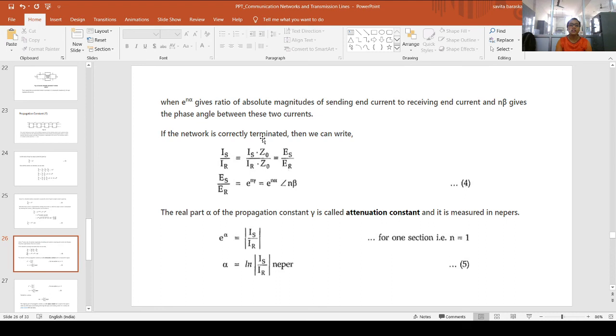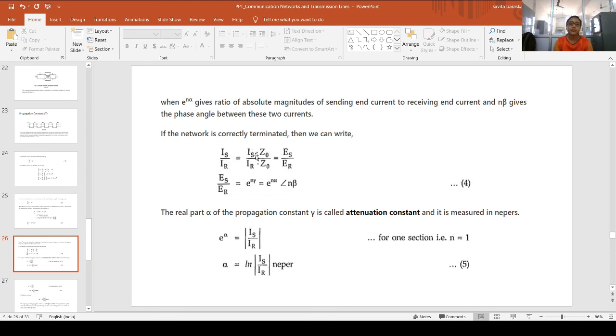So we write Is by IR, source current to load current, is equal to Is into Z0 by IR into Z0. Here we multiply by the characteristic impedance of the transmission line. For proper termination of the transmission line, we have to include the characteristic impedance at the sending end and at the load end.